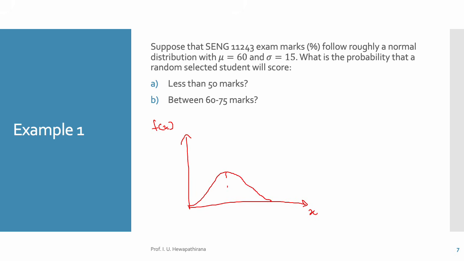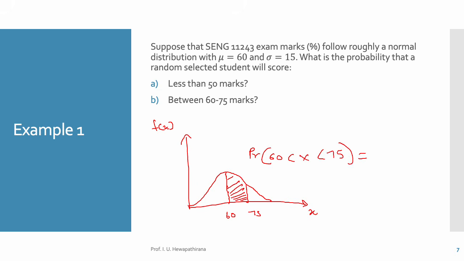So this is 60. I want to know the probability of getting between 60 and 75. So the area of this region. So the probability of this region. Probability that X is greater than 60 and less than 75.